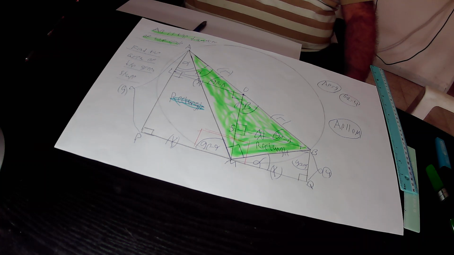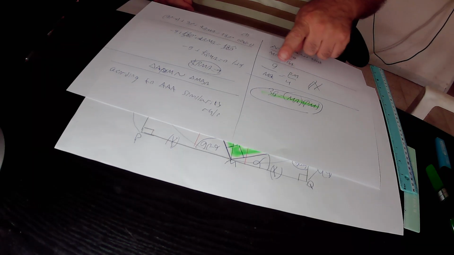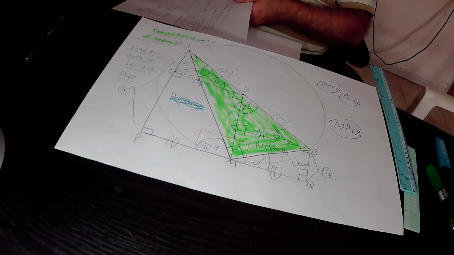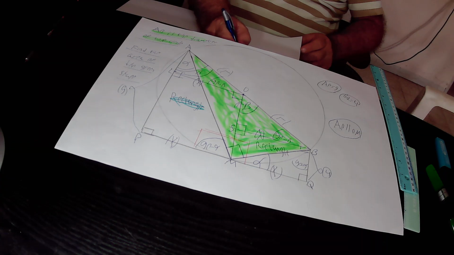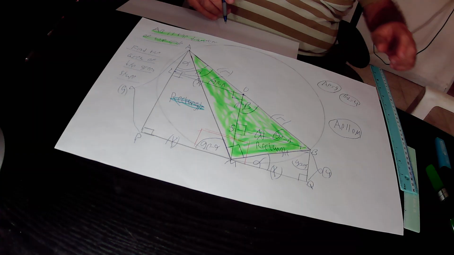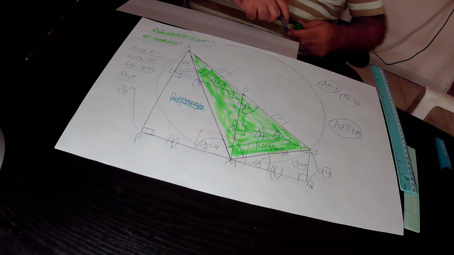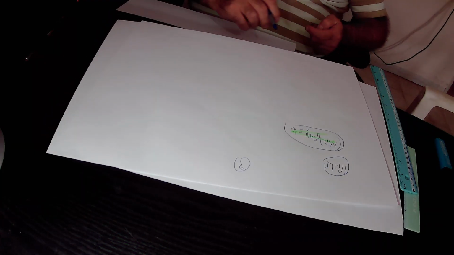We have already found out that MQ times PM equals 36.